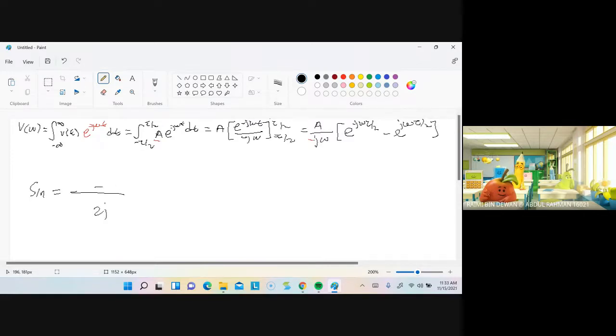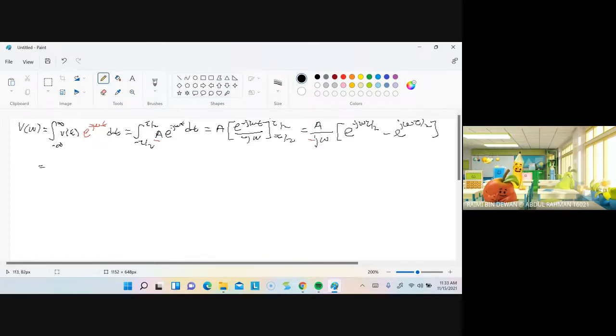If you don't remember, refer to your table or your previous lectures. So we have 2j here. We try to relate now with Euler's formula. You have j here, and you need to introduce 2 there.